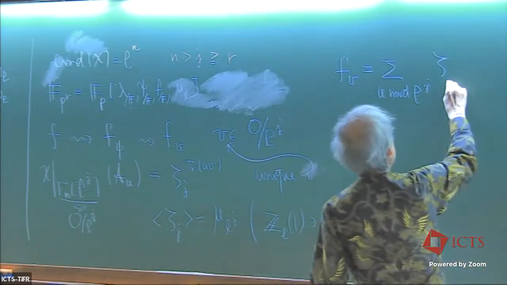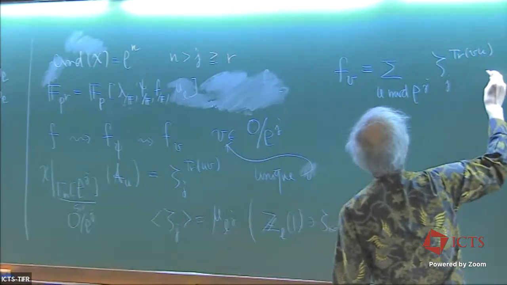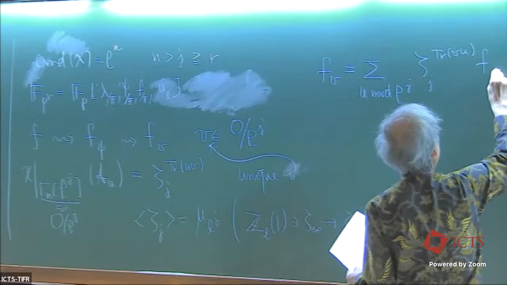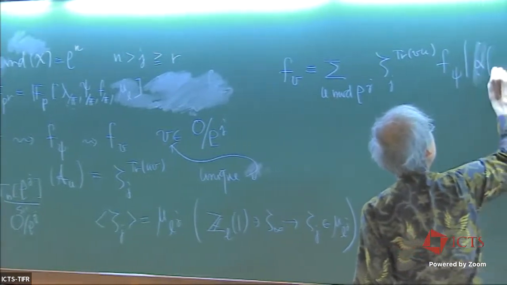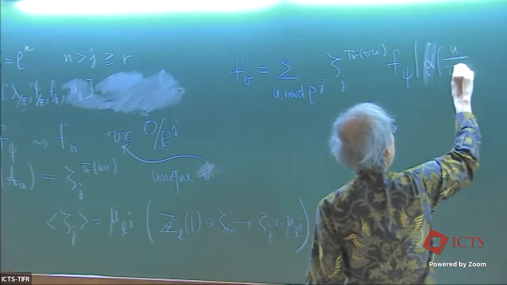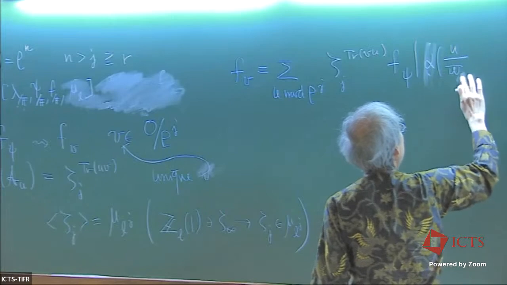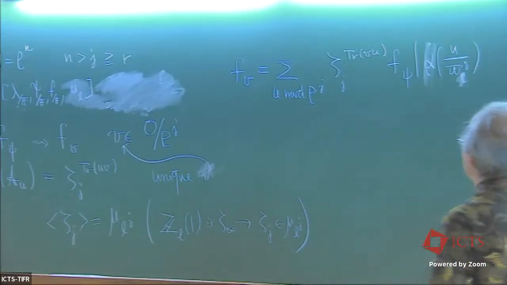Then zeta J of trace du of F psi, you apply this alpha U over pi L to the J, something like that you do.